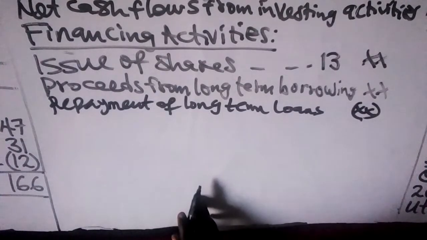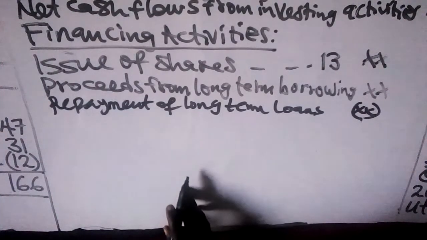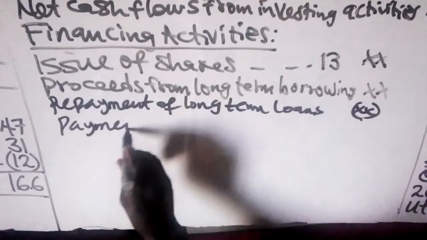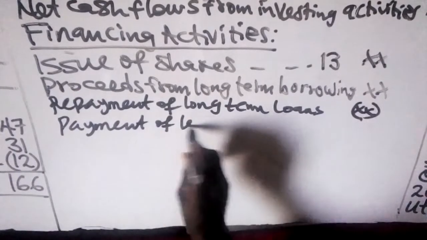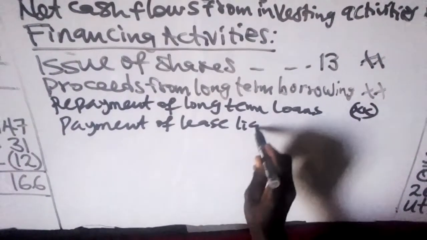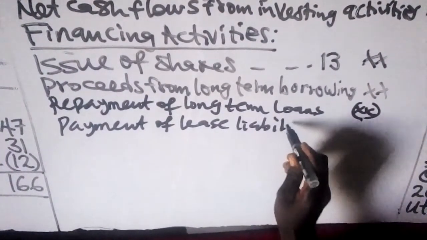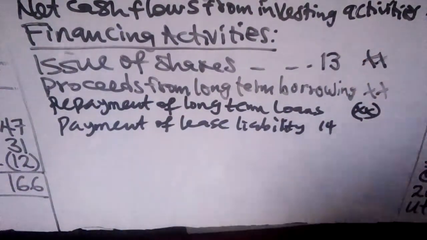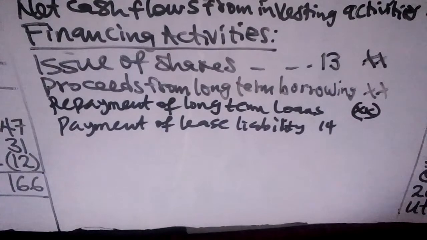Then we have payment of lease liability. Let me have that as note 14. Payment of lease liability, note 14.